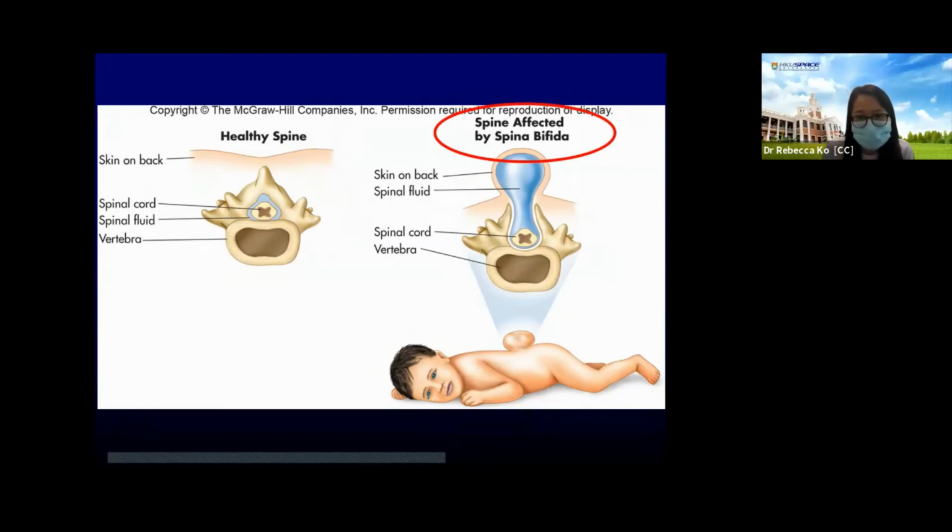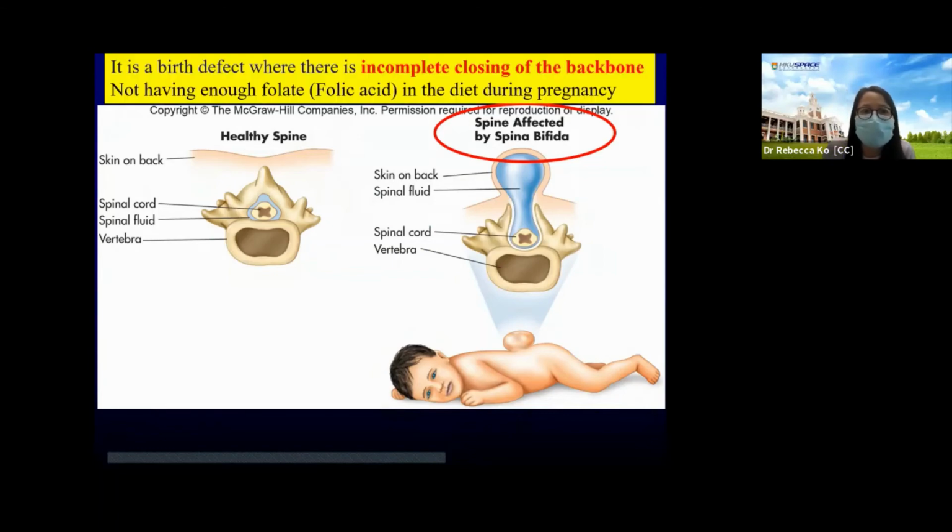The spinal fluid will accumulate here, and this is the birth defect. If there's not enough folic acid intake, there's an incomplete closing of the backbone. So that's why when someone knows she is pregnant, she has to take supplements of folic acid. That's very, very important.